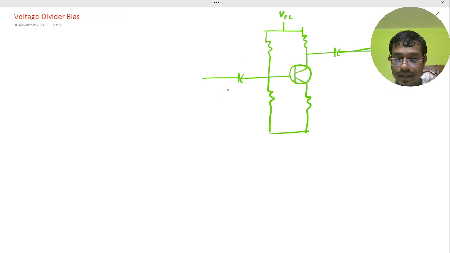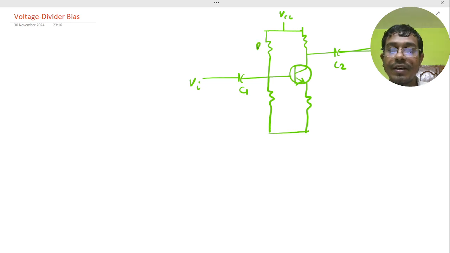So basically there is Vin, Vout, C1, C2, and the current flows in this direction, with R1, R2, RC, RE and VCC.